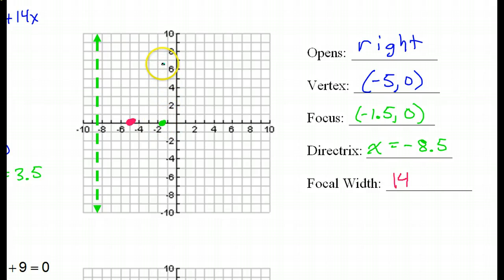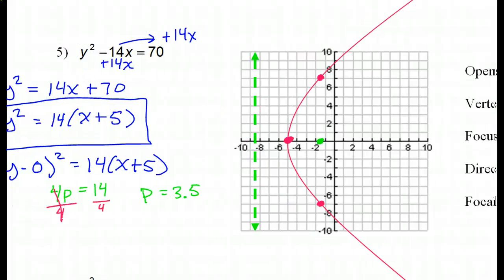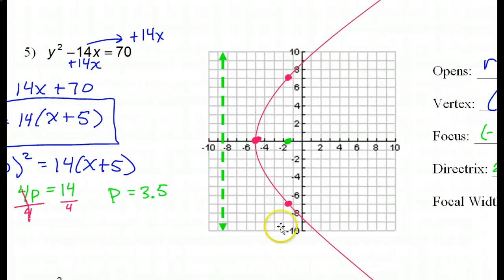So if I go up 7, it's going to be right there. If I go down 7, it's going to be right here. Okay, so I will use these 3 points to graph my parabola. Kabam! There it is. All right, we got one more of these things.